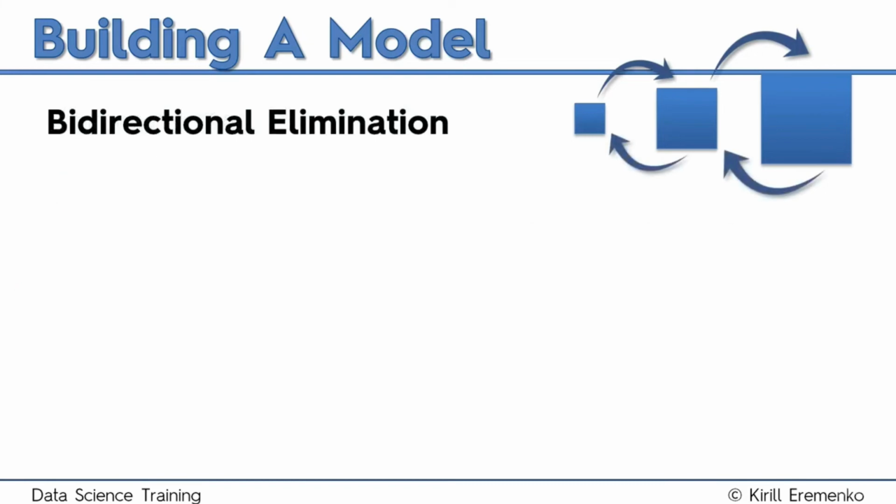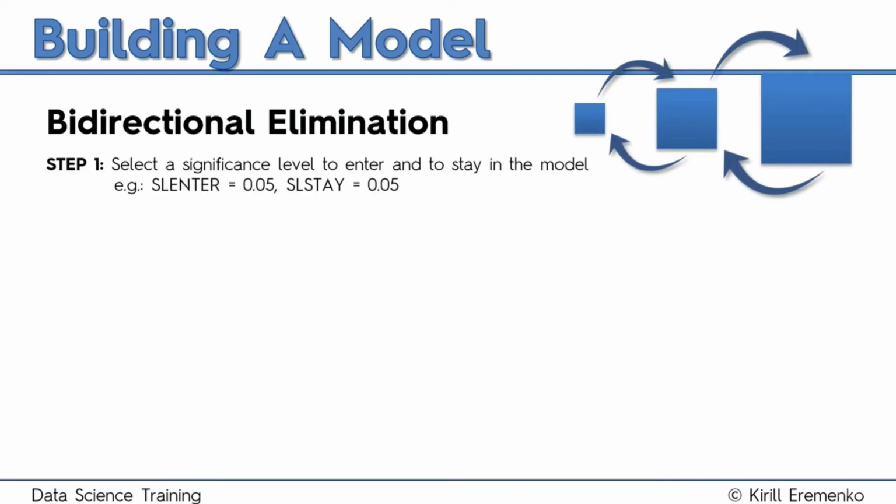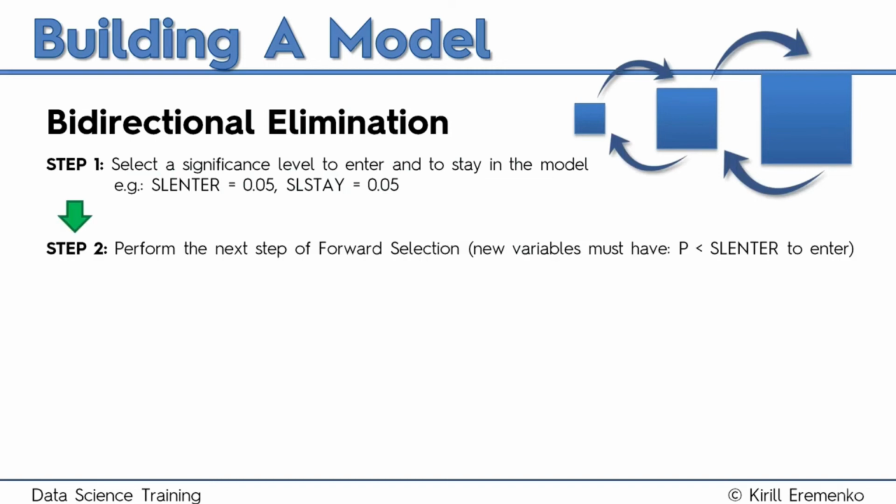And next, we're moving on to the bidirectional elimination. So this one, as you can assume or perhaps guess, combines the two. Step 1, select a significance level to enter and a significance level to stay. So we're going to select in both cases 5%, but it's up to you what you select.